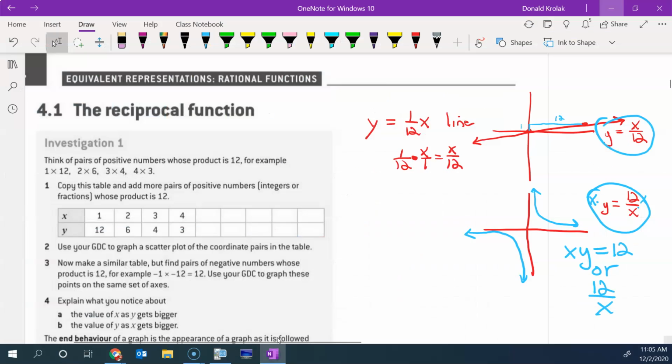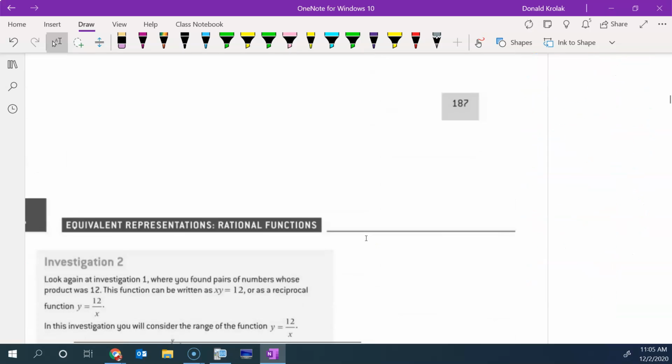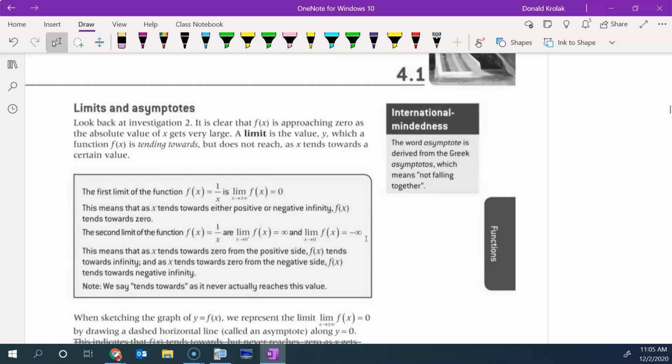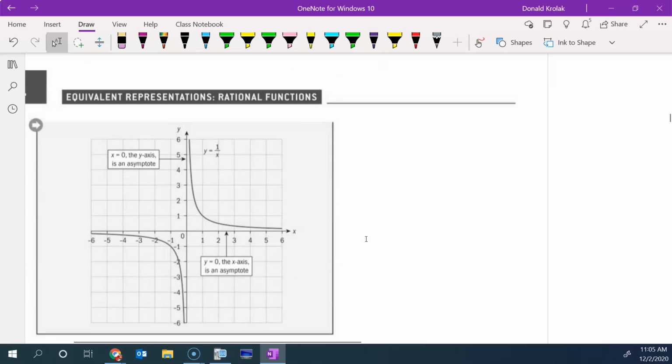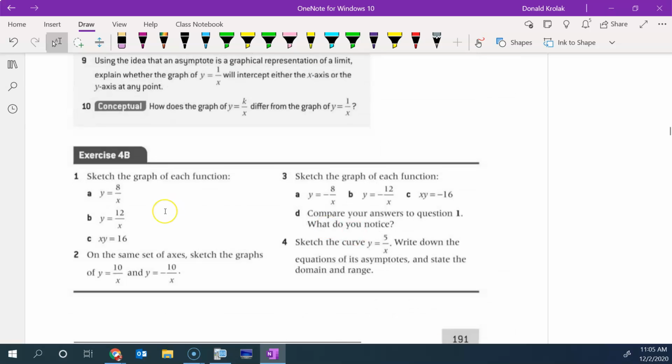Okay, so for example, if you go back to your packet here, go to 4B.